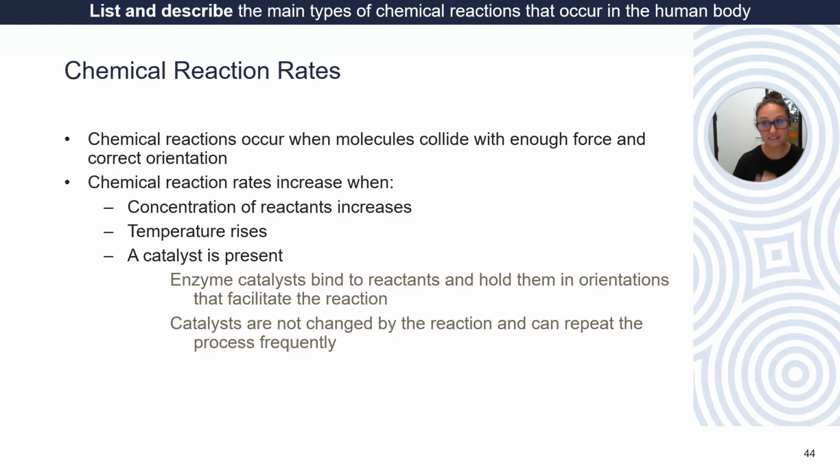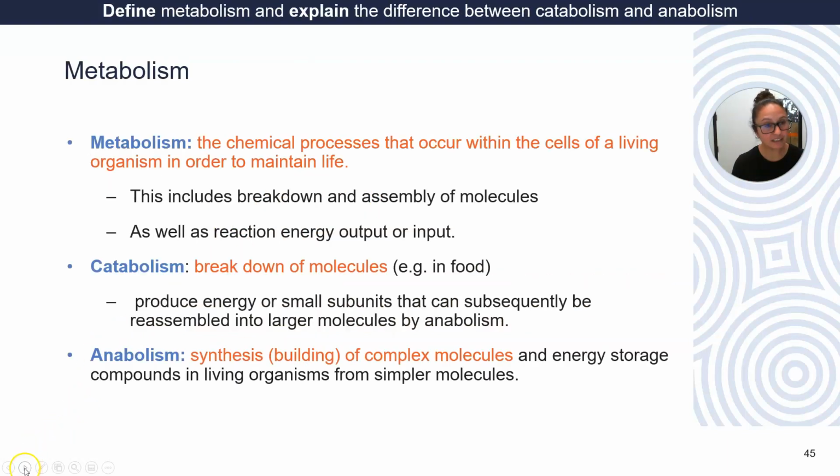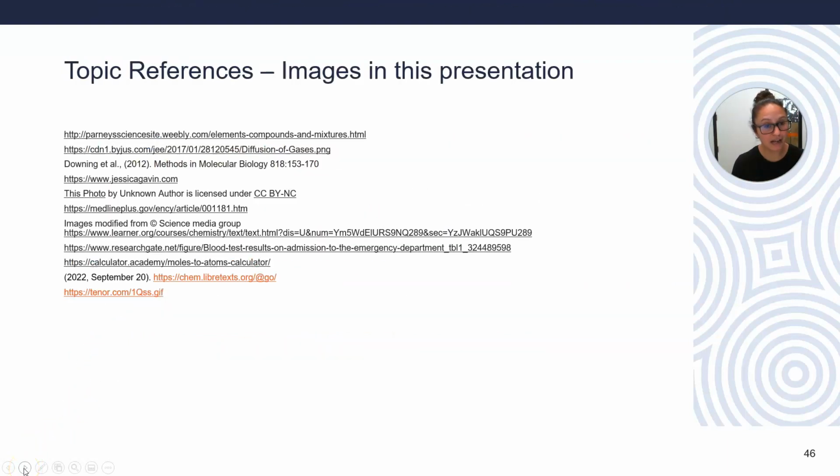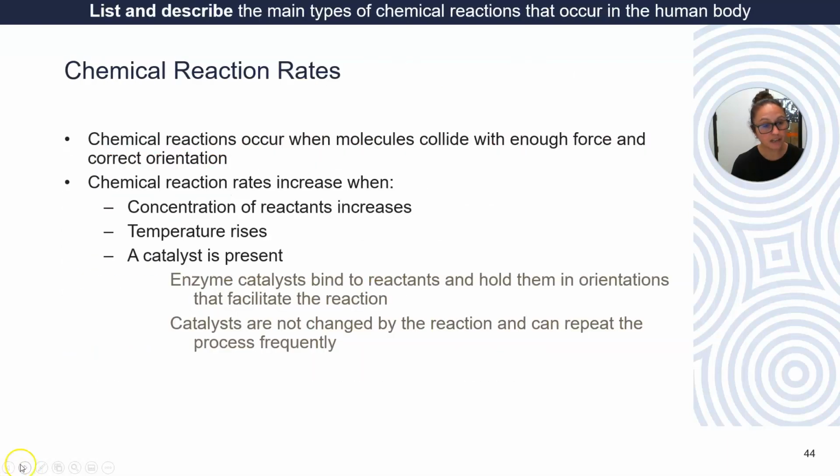The other thing that increases your chemical reaction rate are things called catalysts, okay? Now, a catalyst is a very useful thing to have. We're going to look at catalysts in the next recording, yeah?